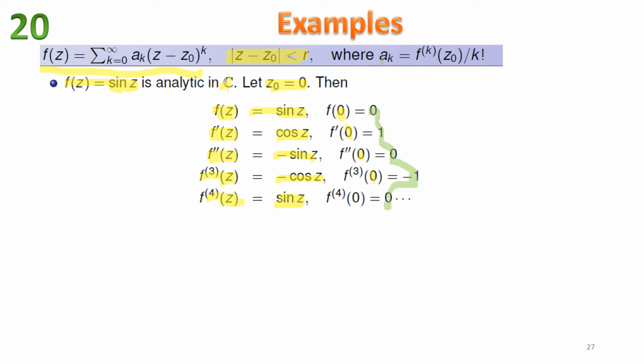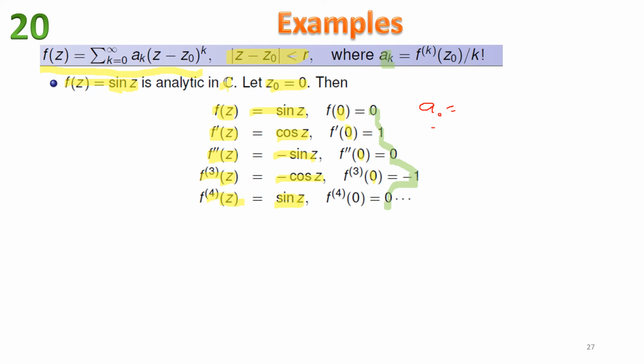So here in fact we are interested in the aks, and the k-th derivative f at z0 upon k factorial. So here if you would like to work out a0, a0 will be simply 0 because the zeroth derivative, the same function we are evaluating at z0, has value 0.